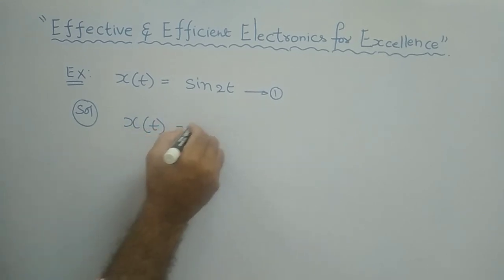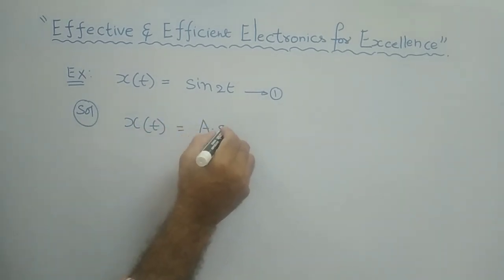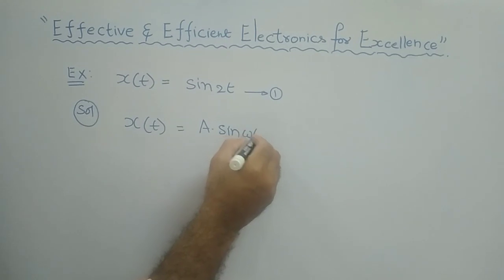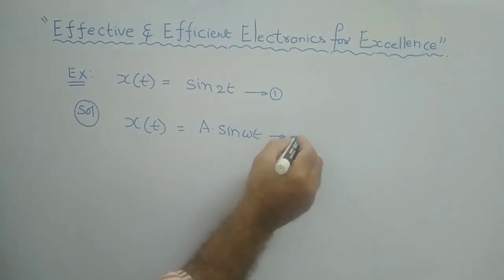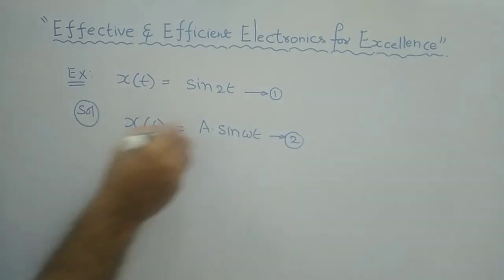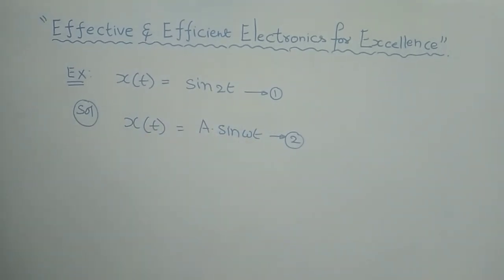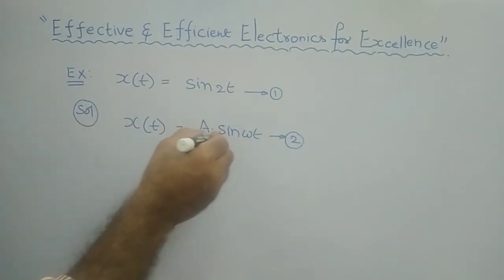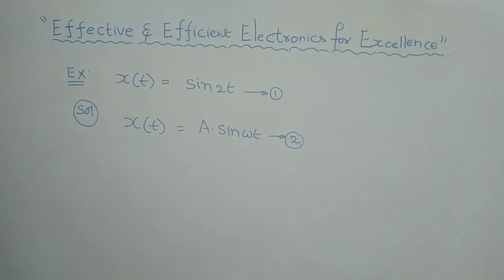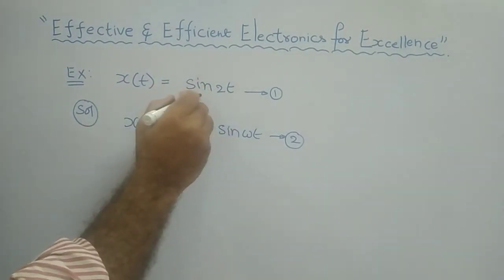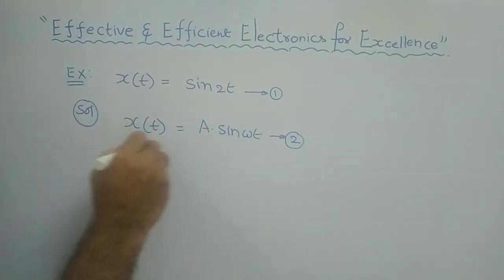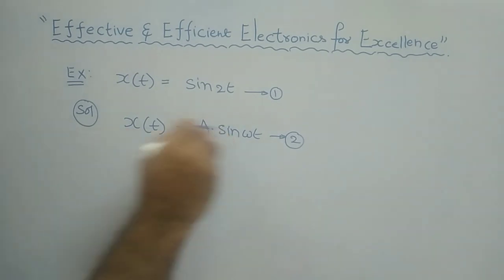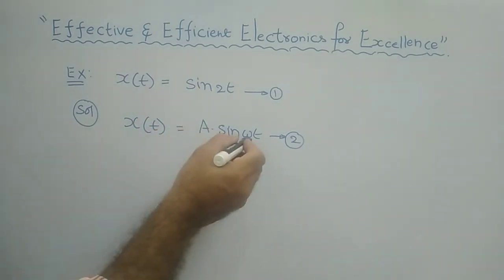That is x of t equal to A sin omega t. This is the standard form of the definition of a sinusoidal signal. So if the problem is given on a sinusoidal signal, you must consider the standard form, A sin omega t.